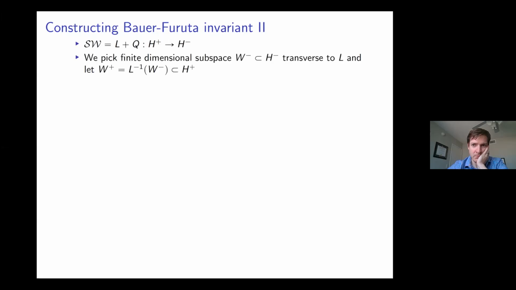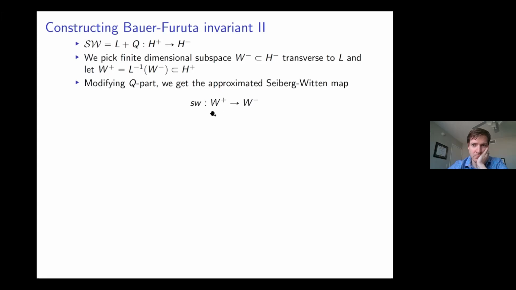Now we pick a finite dimensional subspace W⁻ of H⁻, which is transverse to L, and we let W⁺ be the inverse image of W⁻ under this linear part. So it will be a finite dimensional sub-bundle of this Hilbert bundle. After modifying the nonlinear part, one can get an approximated finite dimensional map denoted by SW.